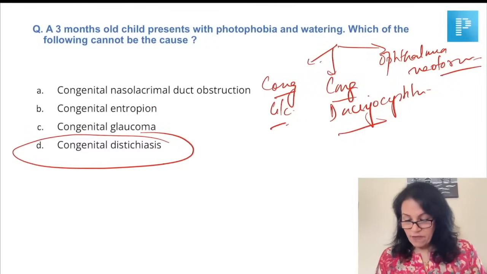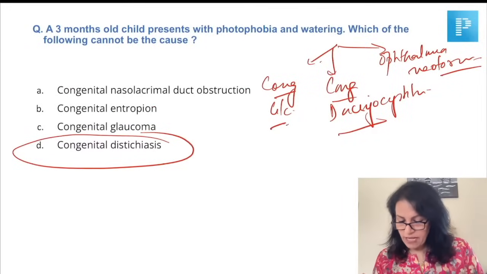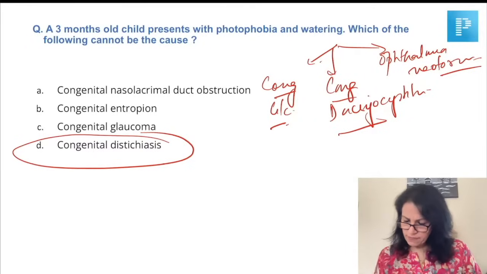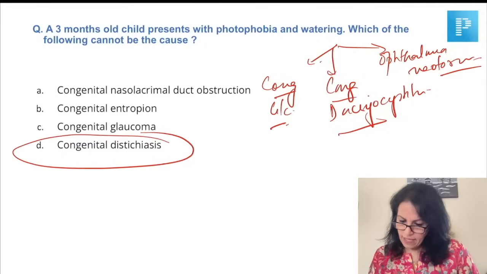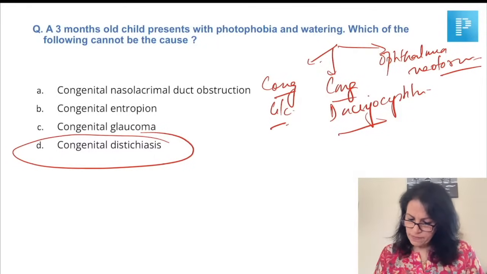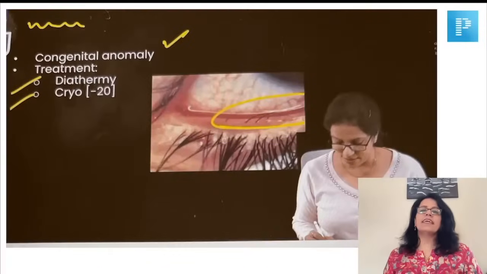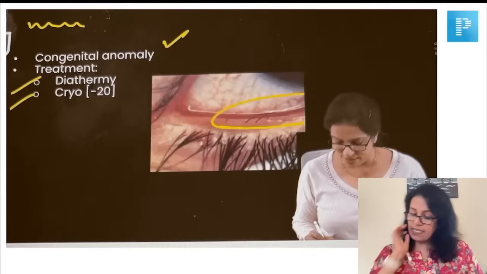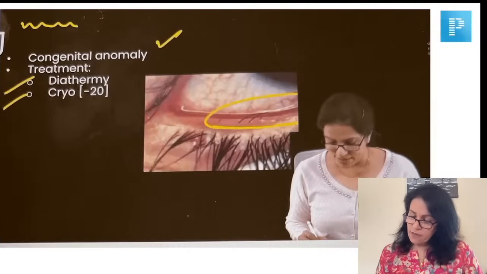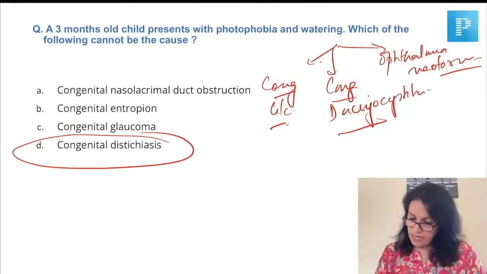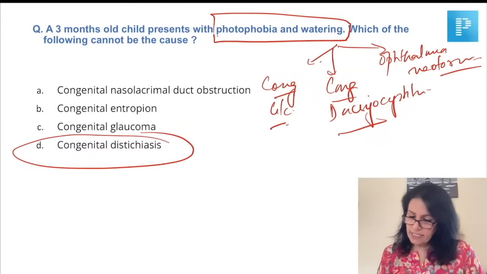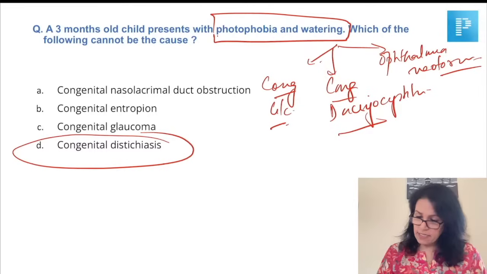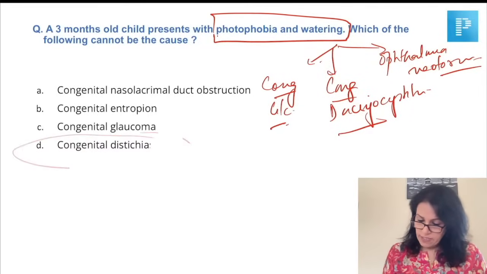But what we see is, with photophobia and watering, our answer should be... Actually, while teaching you I'm thinking, any congenital distichiasis can rub on the cornea and lead to watering and photophobia, right? Any congenital distichiasis can also rub at the cornea because these lashes are rubbing.